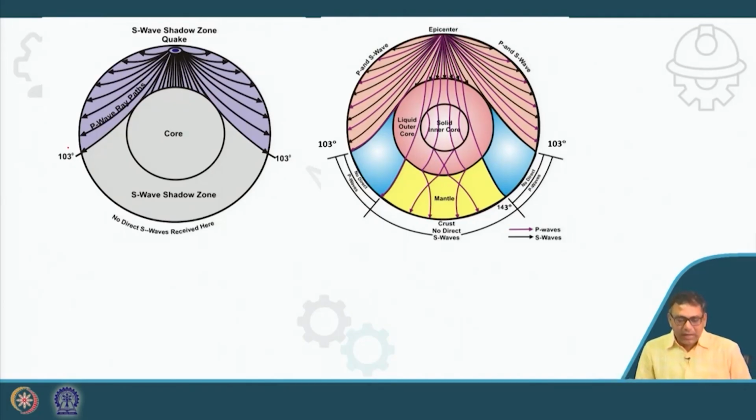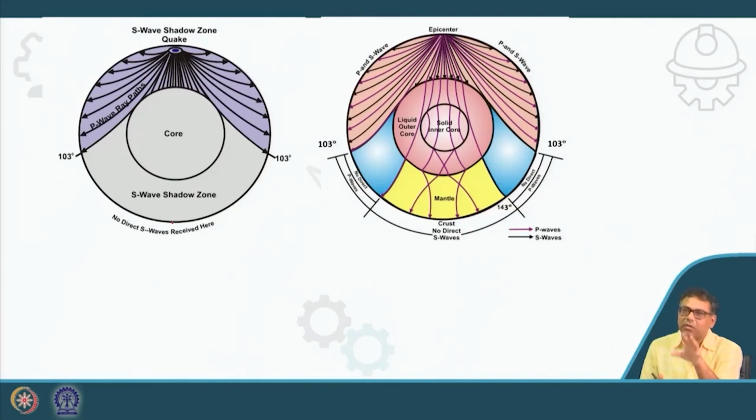But from 0 to 103 degrees, both S wave and P wave will reach the ground surface. But from 103 to 180, and from this side also 103 to 180, no S wave will be reached, because we know that our outer core is liquid in nature, and S waves cannot pass through liquid.